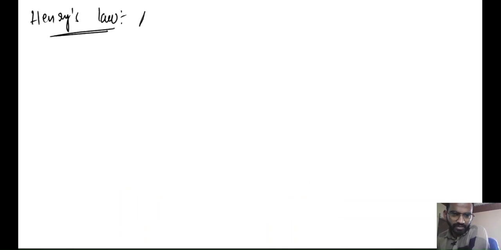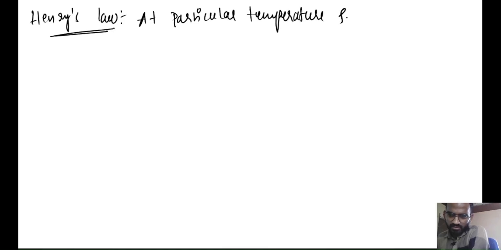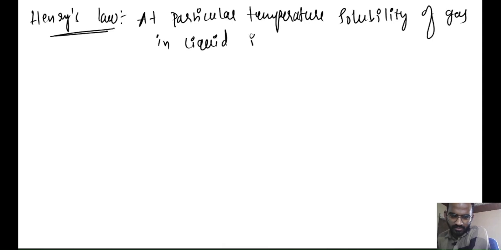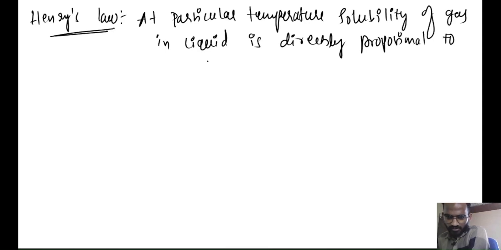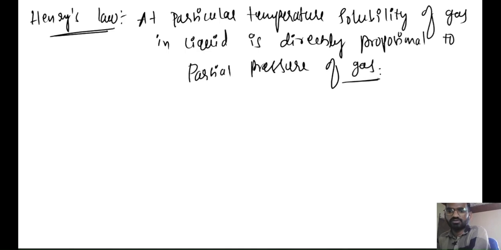According to him, at a constant temperature, at a particular temperature, the solubility of gas in liquid is directly proportional to the pressure or partial pressure of the gas. So this is according to Henry's law.